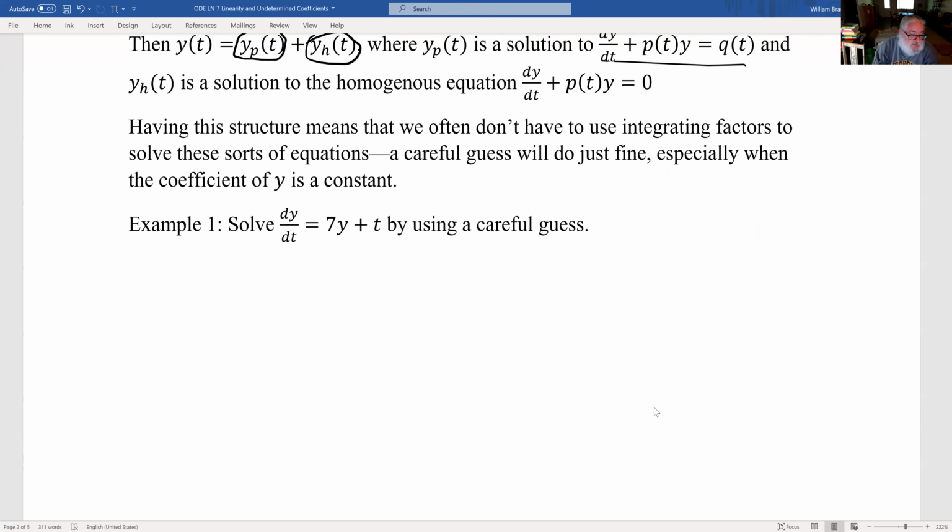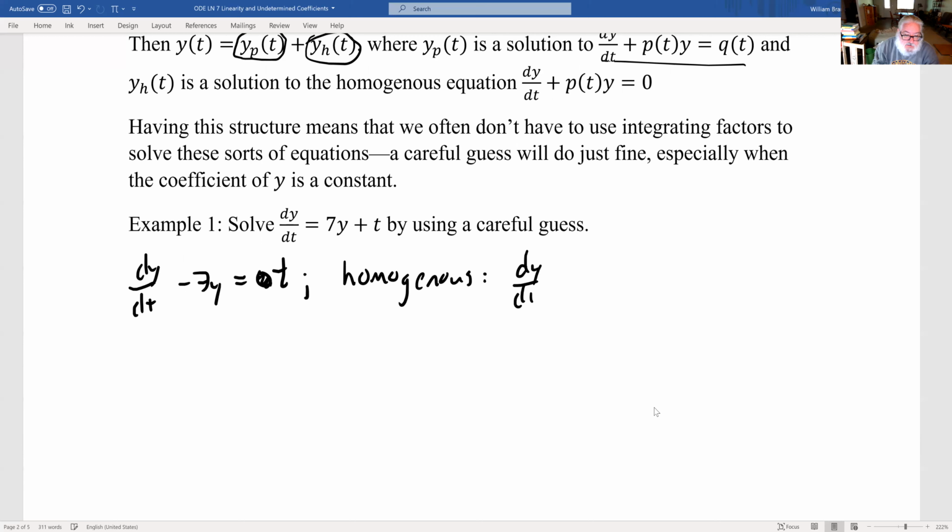So for the homogeneous equation, we'll rewrite it like this: dy/dt minus 7y equals 0, and the right-hand side is t. The homogeneous equation is the one with the right-hand side equal to 0. This is not too hard to solve because it's actually separable.